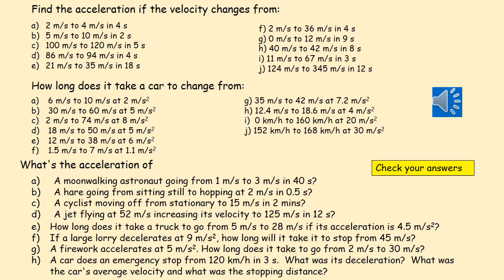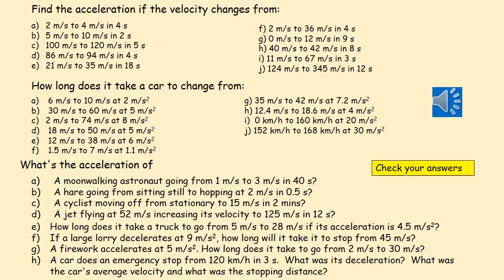So we're now doing an emergency stop in 3 seconds. So we've got the change of speed going from 33.3 to 0, and we're going to divide that by 3, and that gives us 11.1 recurring meters per second squared. That's the deceleration. What was the car's average velocity?